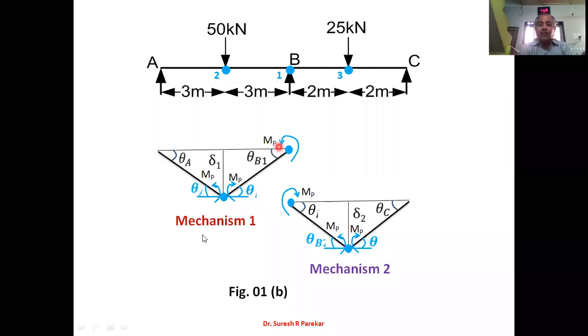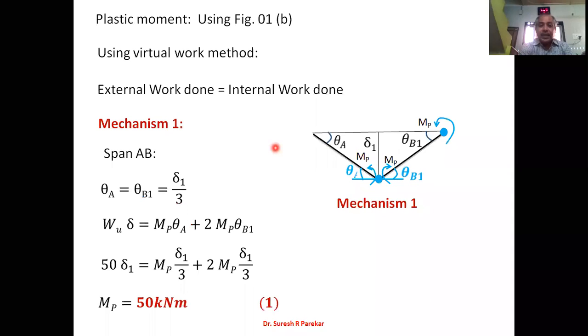So for mechanism 1, we have 50 into delta 1, which is equal to MP theta A plus MP theta B1 plus MP theta B1. So we have theta A equal to theta B1, which is delta 1 by 3. So WU into delta equals MP theta A plus 2 MP theta B1.